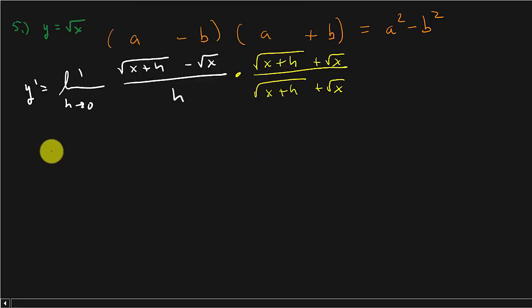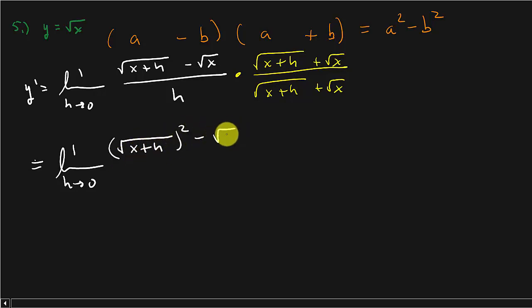All right. And so what do we get when we multiply that? Well, that's the limit as h goes to 0, and that's a squared minus b squared, okay, all over h. Whoop, I'm sorry. All over h times square root of x plus h plus square root of x.